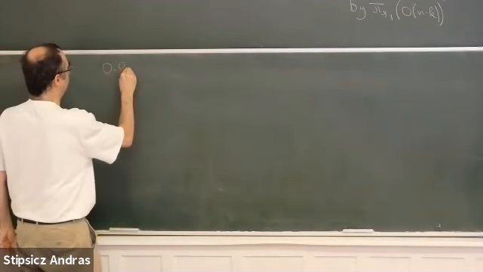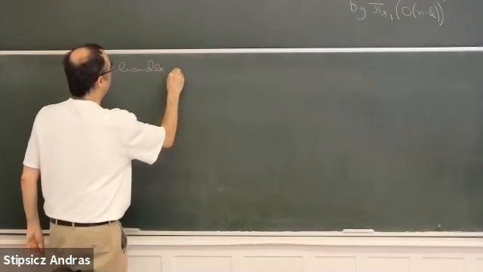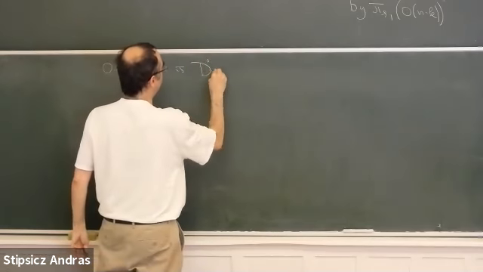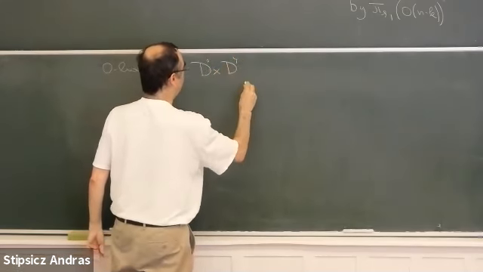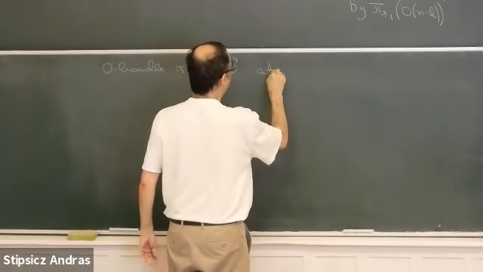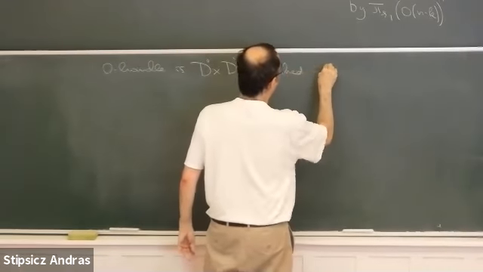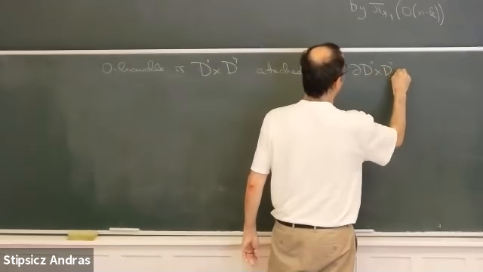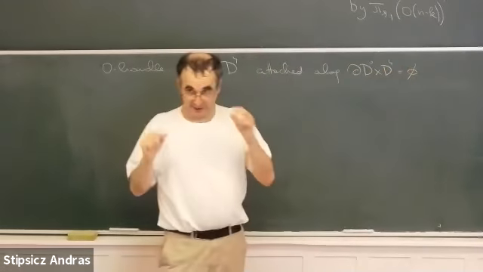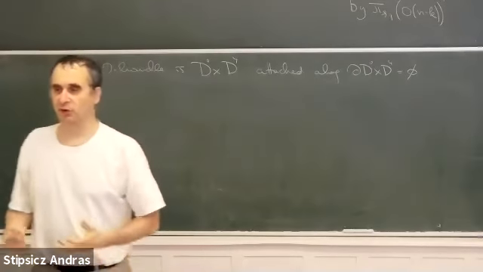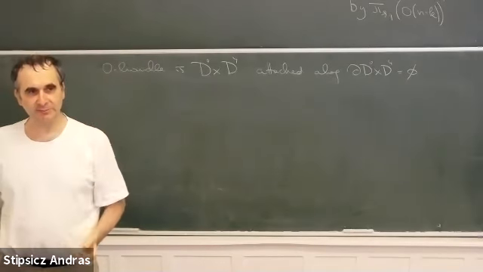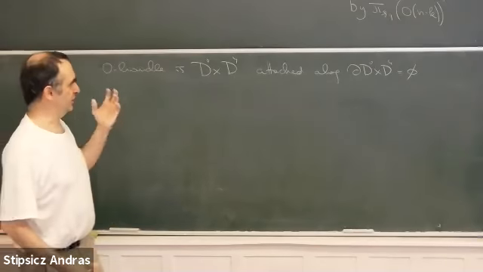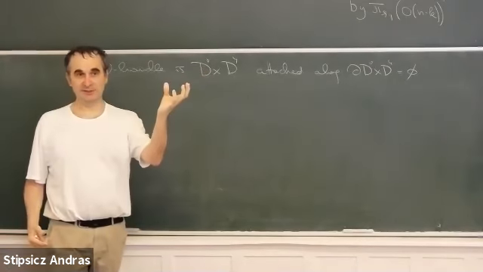A zero handle is D^0 × D^4 attached along the boundary of D^0 × D^4, which is just the empty set. So when you would like to construct a four-manifold, you can start with the empty set and attach the zero handle to the empty set.